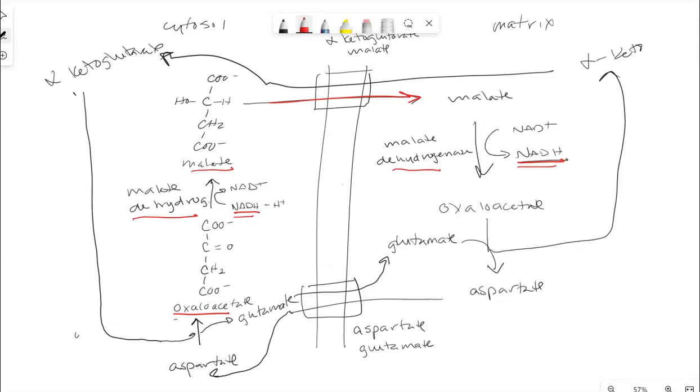Now the difference is this is a reversible shuttle, and it operates only if the NADH to NAD+ ratio in the cytosol is higher than the ratio in the matrix. We have to have a surplus of NADH to NAD+ in the cytosol so that it's motivated to cross into the matrix.